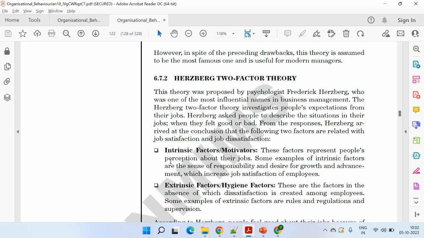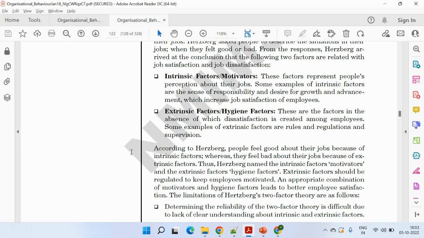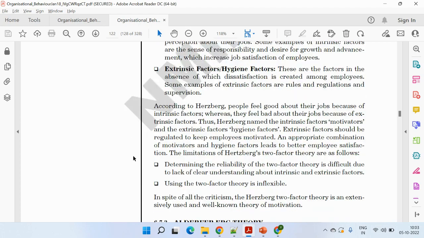In this case, salary was a motivator, but she was looking for more motivation to work with the ground level employees. The extrinsic factor was that she was not satisfied with her salary. She had a level of dissatisfaction. So you can mention this two-factor theory as well.